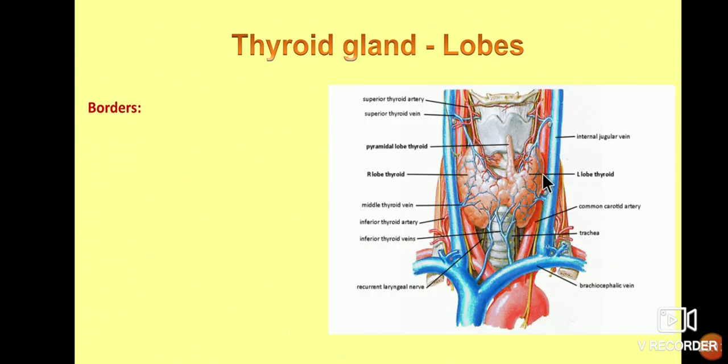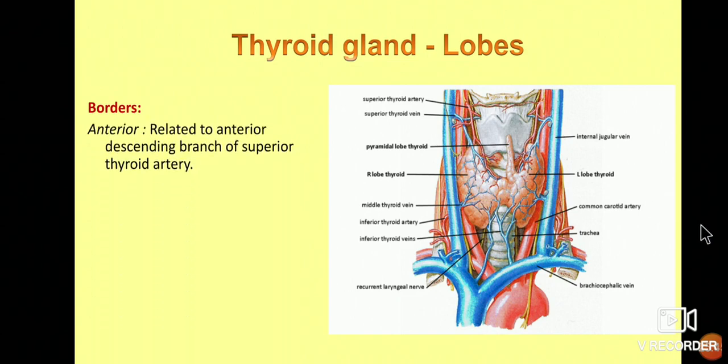Next, coming to the borders, it has an anterior border and a posterior border. The anterior border is related to the anterior division of superior thyroid artery. The superior thyroid artery divides into an anterior and posterior division. The anterior division descends on the anterior border of the lateral lobe of the thyroid gland.